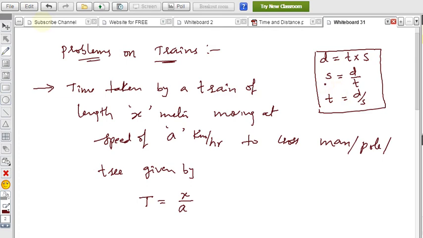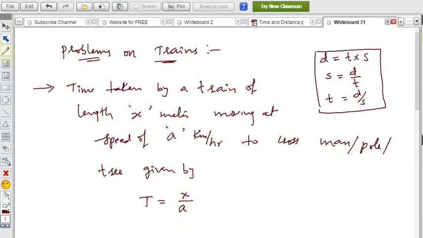So if you observe here, time is equal to distance by speed, right? Now the distance covered is x meters and speed is a. But in the problem, the length of the train is in meters and speed is in kilometer per hour, and speed is in the denominator place.